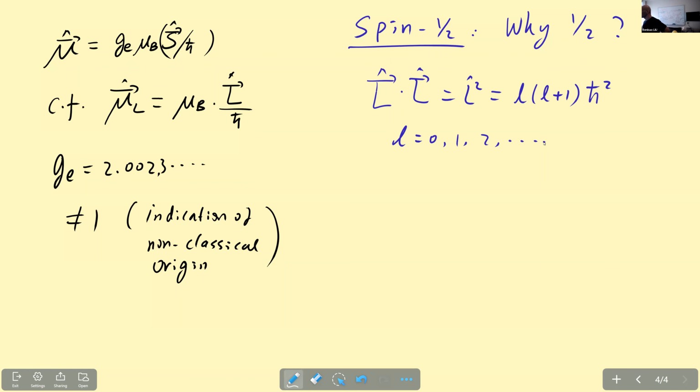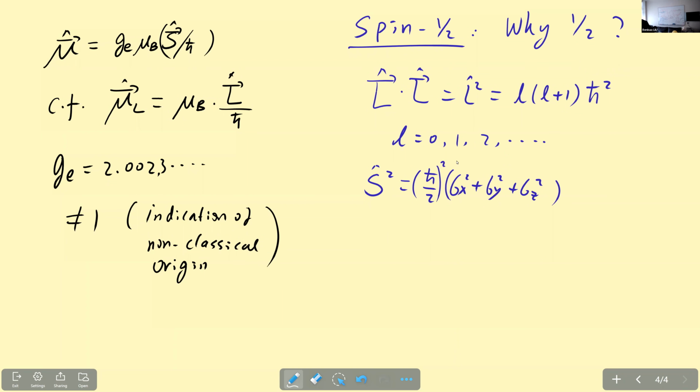So now we interpret S as angular momentum, and we would like to check S squared, to see what the possible eigenvalues are. This equals h bar over 2 squared times sigma x squared plus sigma y squared plus sigma z squared.